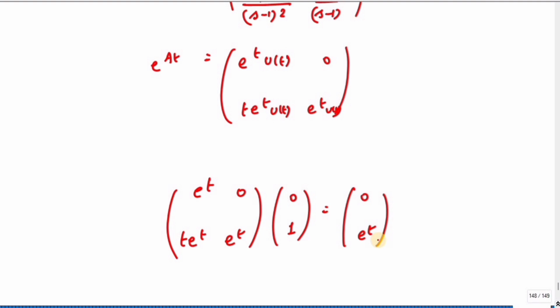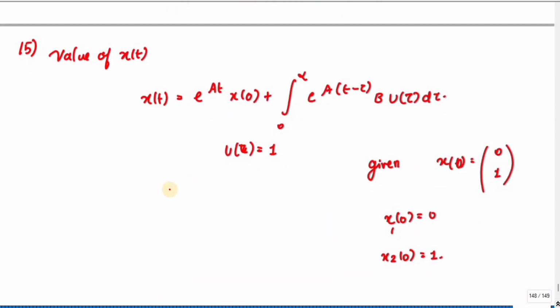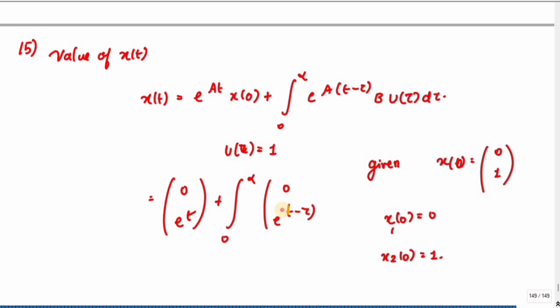So you substitute that one plus the integral, where you have to shift the values to t minus tau. You have to write like this. Then the B value is 1, and u of tau value is also 1.